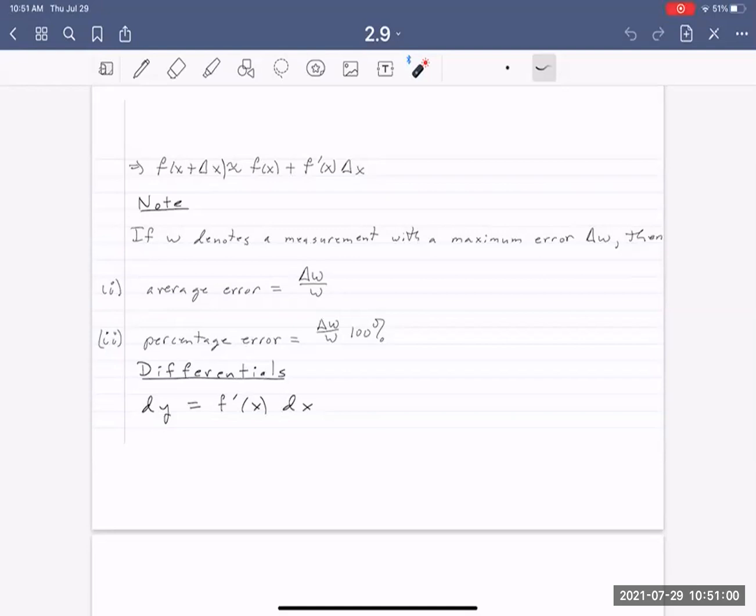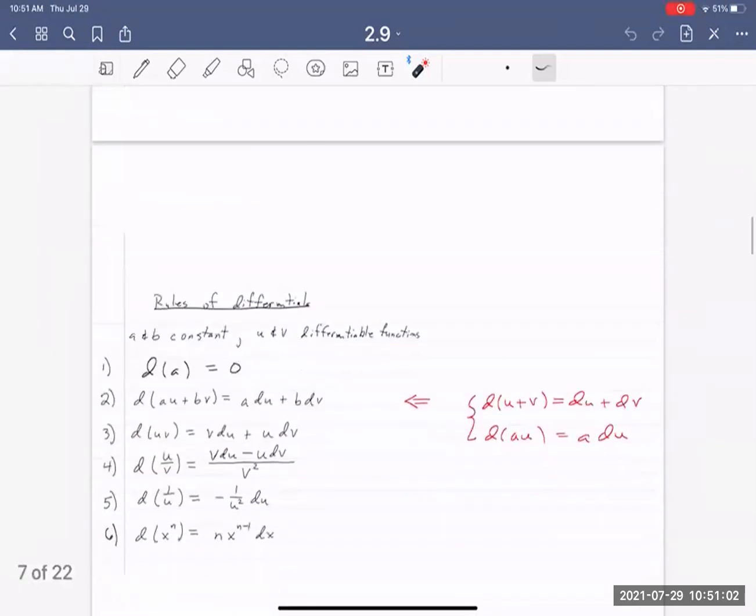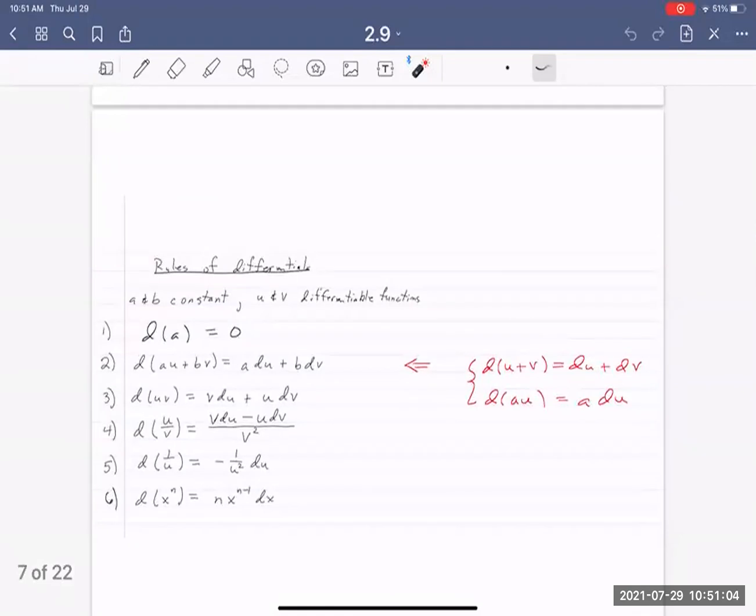Then we have the following rules, the rules for the differential. Let a and b be constants. Let u and v be differentiable functions. Then the differential of a constant is just 0.